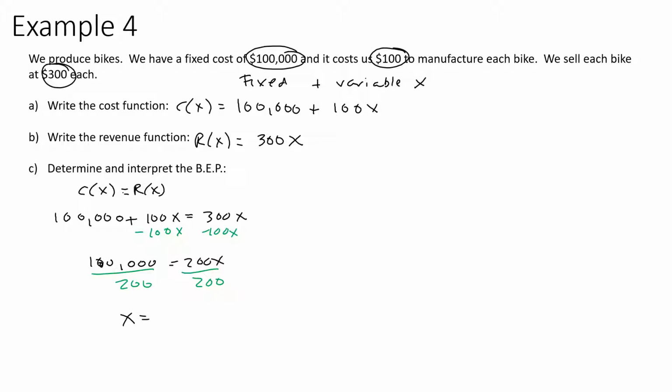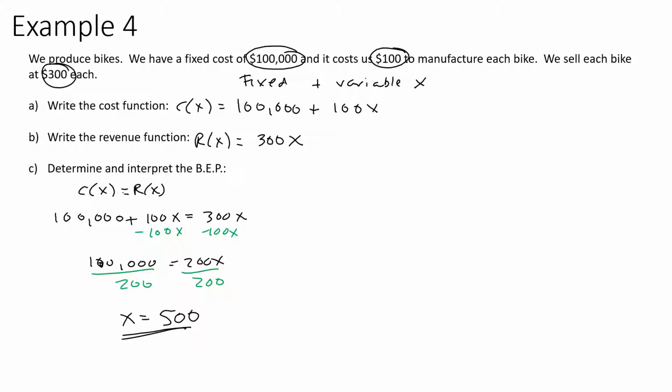And 100,000 divided by 200 gives me 500. So x equals 500. So that means that in order to break even, we need to manufacture and sell exactly 500 bikes. Well, the break-even point is a point in two-dimensional space, so it has an x coordinate and a y coordinate.